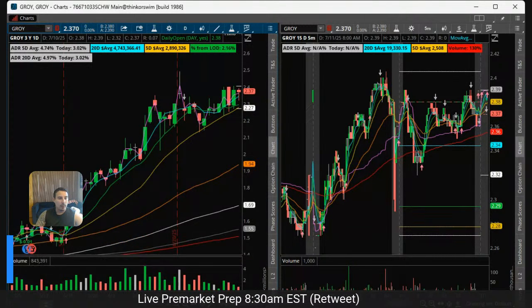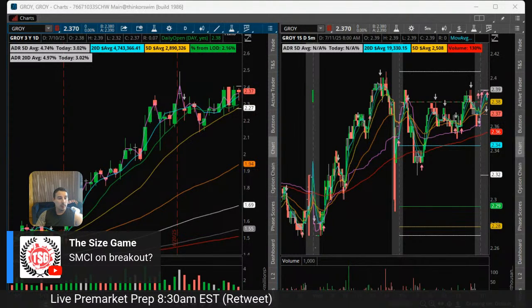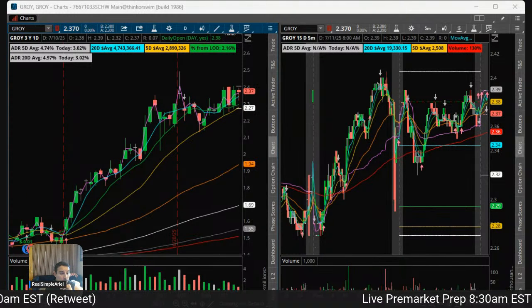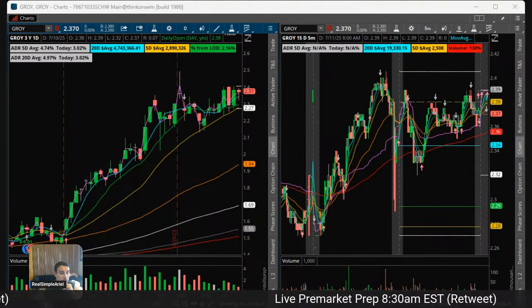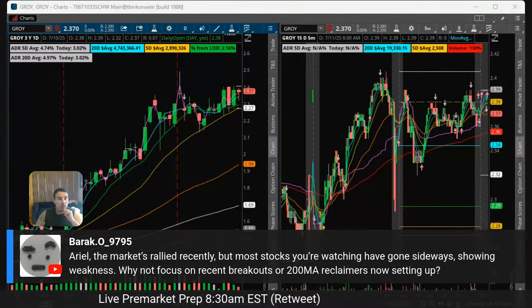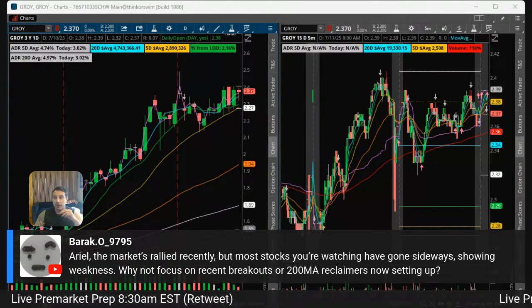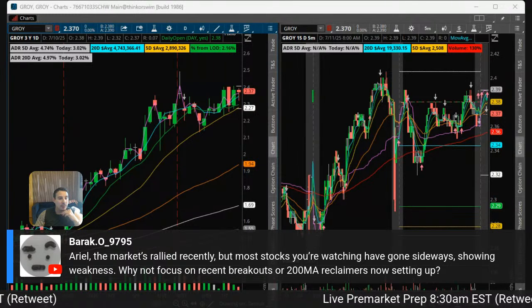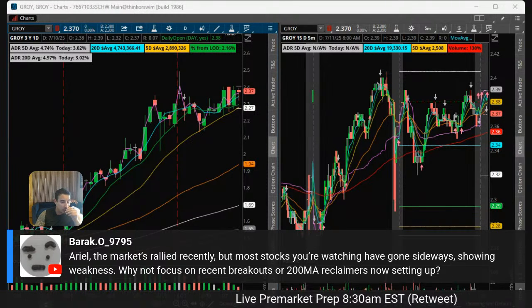SMCI in a breakout. I'm not sure if there's a question there. Because those are actually laggards. The market rallied recently, but most stocks you're watching have gone sideways, showing weakness.